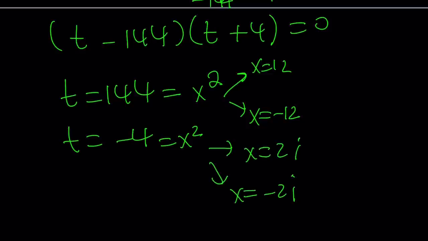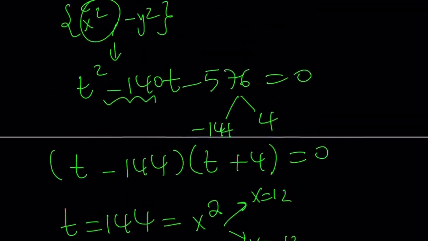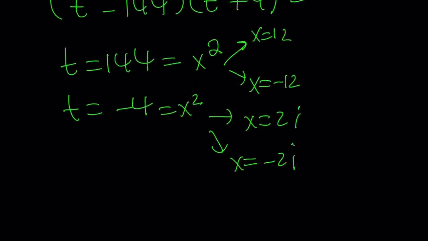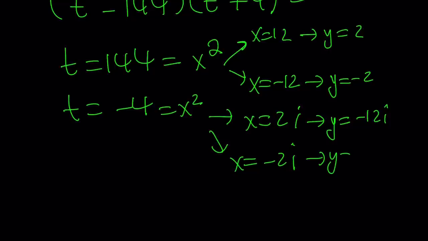Now, if x is equal to 12, what do we know, right? We do know that xy is equal to 24. So if x is 12, then y is 2. If x is negative 12, then y is negative 2. If x is 2i, then y is, what is it going to be? We got to find 12i. 12i is going to give us negative 24, so then negative 12i. And y is going to be here 12i.